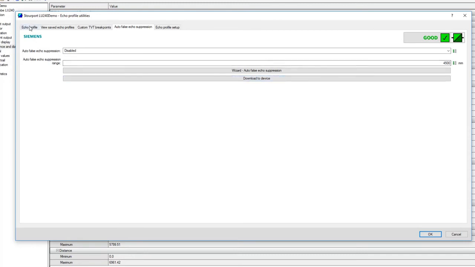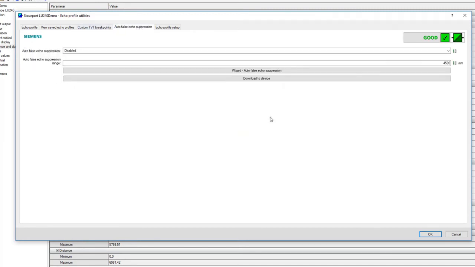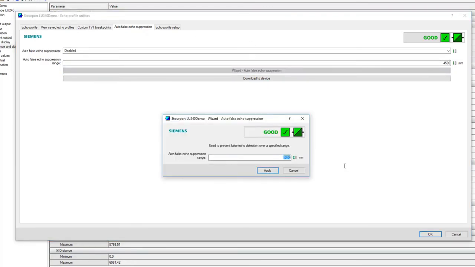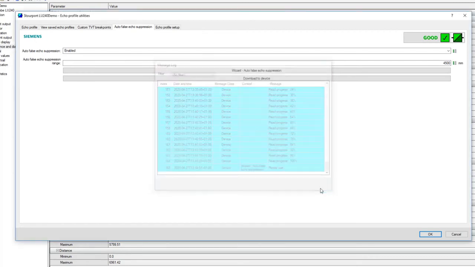If we go back to our device, our true level starts at 4.5 meters. So if we go to the auto false echo suppression wizard, everything before 4.5 meters we're classing as false echoes and fixed obstructions. So that procedure is now complete.